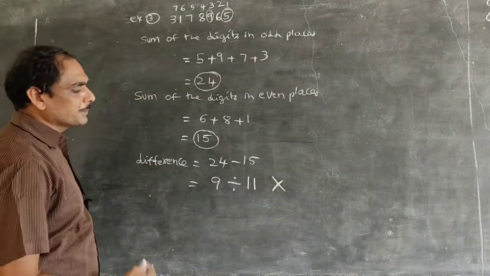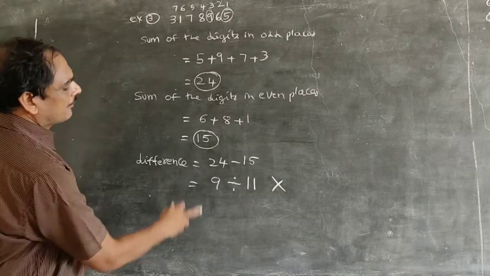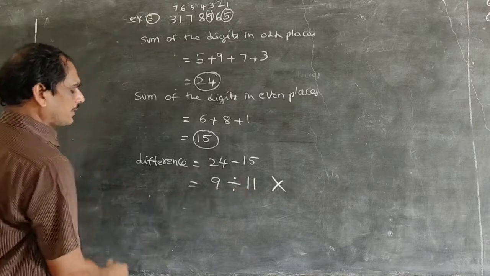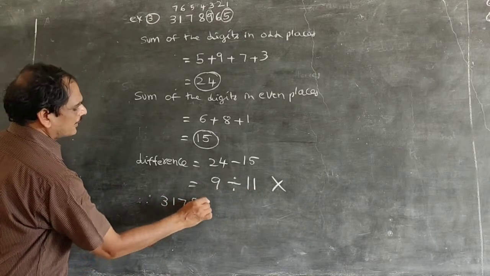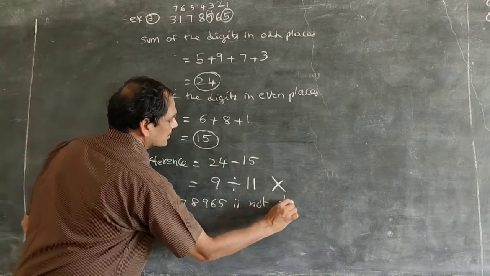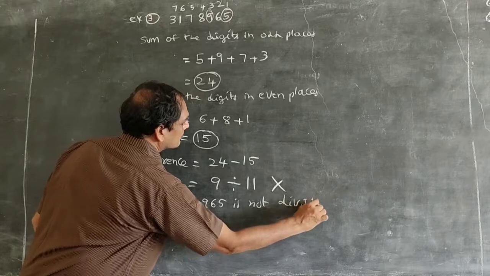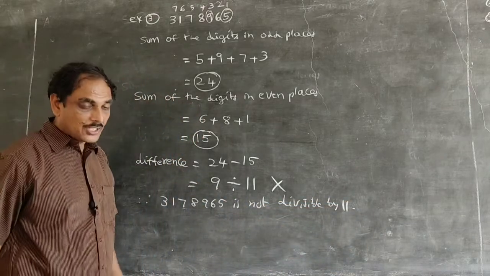So it is not a multiple of 11. So we say that the number is not divisible by 11. When the difference is not divisible by 11, then we say that 3178965 is not divisible by 11. So this is the third example.